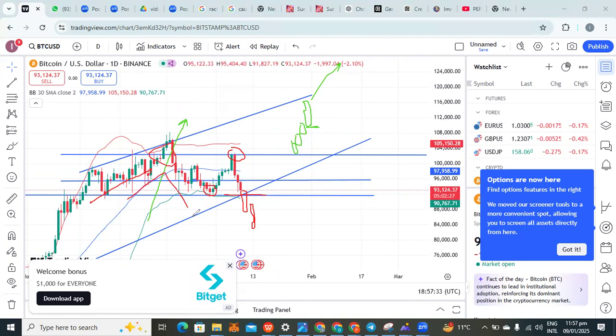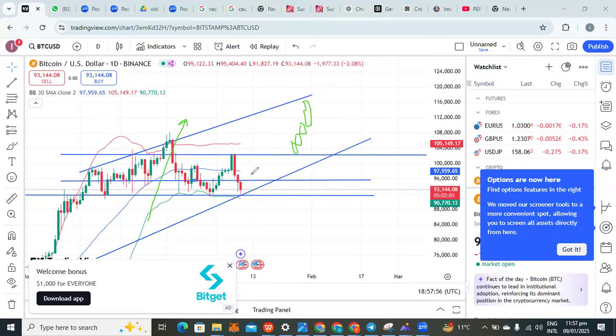So see, so many patterns can form simultaneously. It only depends on whether it breaks the support or the resistance, and the pattern will change. If it breaks the resistance, that will be a bullish rectangle pattern, and it will be a continuity pattern. But if it breaks the support, it's the formation of a double top pattern, which I've already taught you. And that is a confirmation that it's a trend reversal.